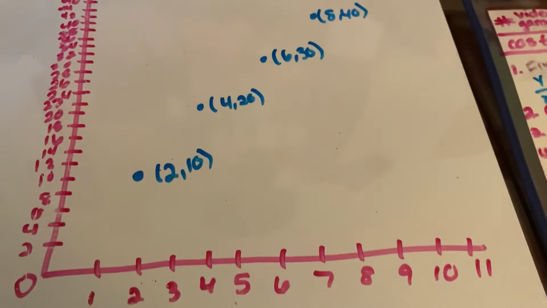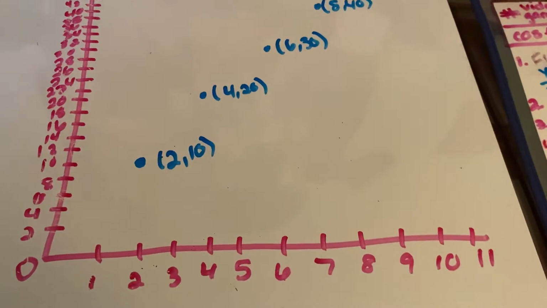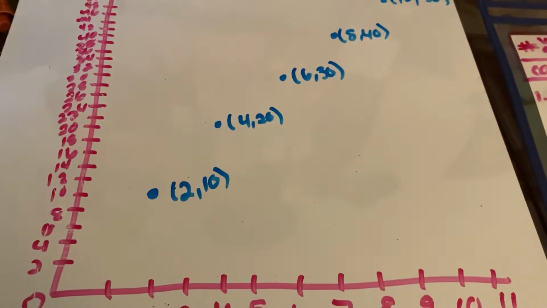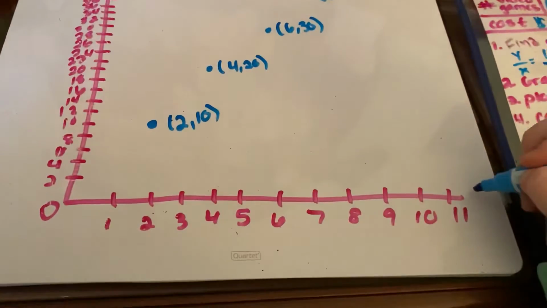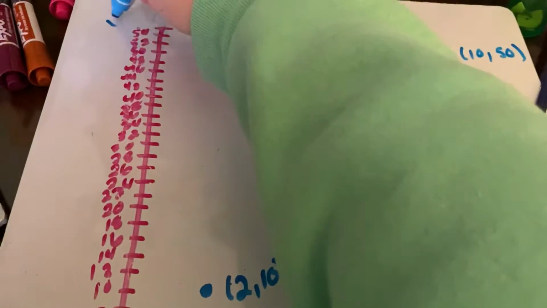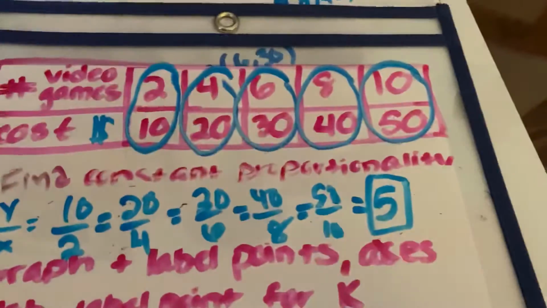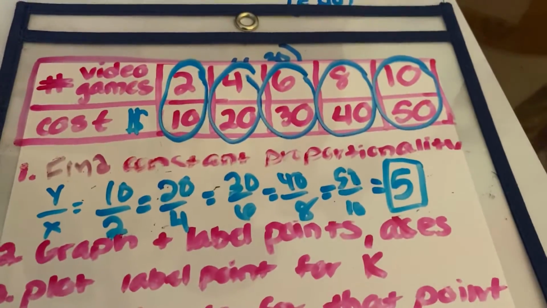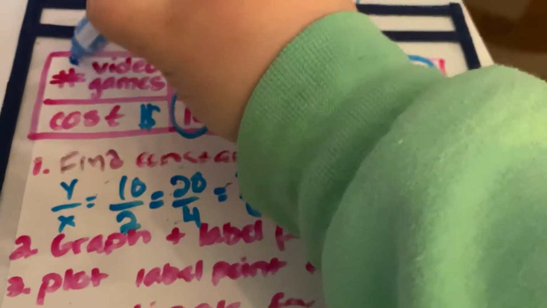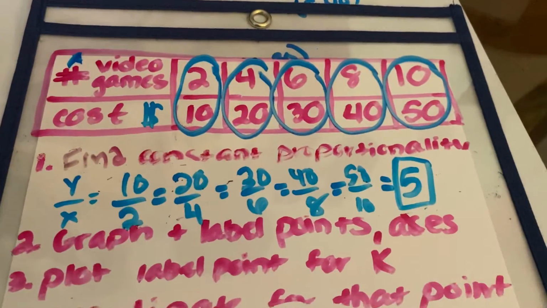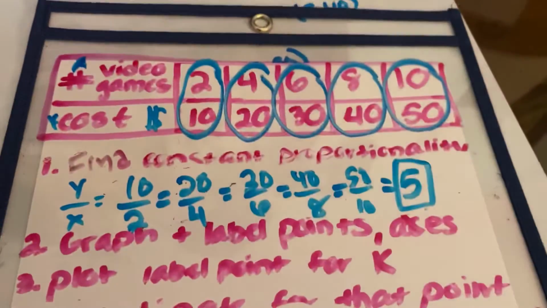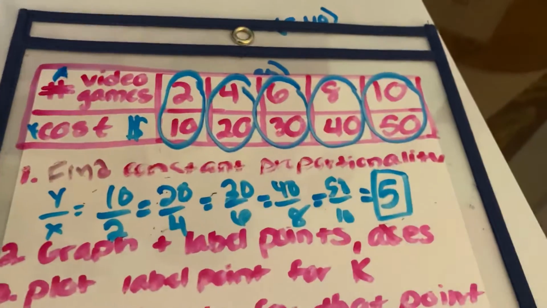So number 2 didn't just ask us to graph and label the points, it also asked us to label the axes. So I have my X and my Y axes. So based on our table, what should we label our X and Y axes? Well, our X represents the number of video games, and our Y represents the total cost.